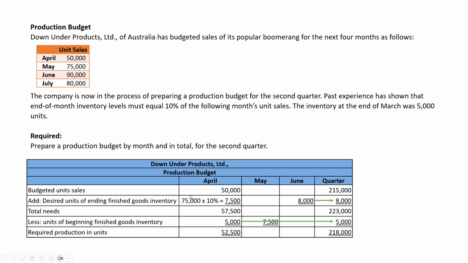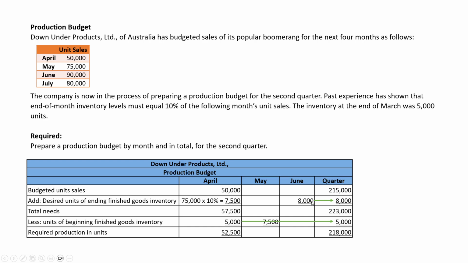Also, the ending inventory is not adding across all the months. The ending inventory for the quarter is June's ending inventory. So again, think about the second quarter. The last month in the second quarter is June. So June's ending inventory is going to be the ending inventory for the quarter.